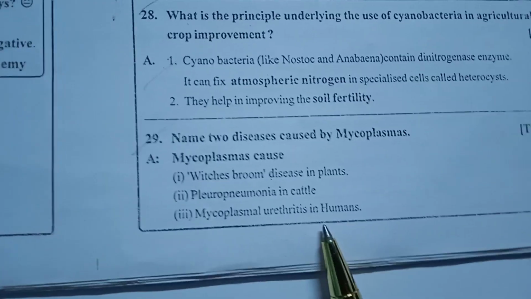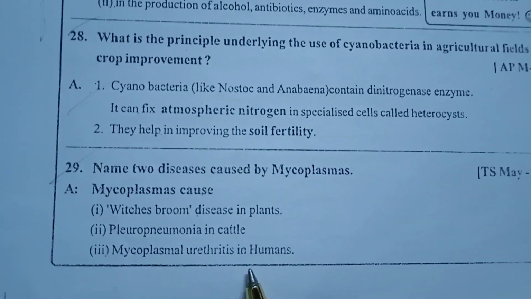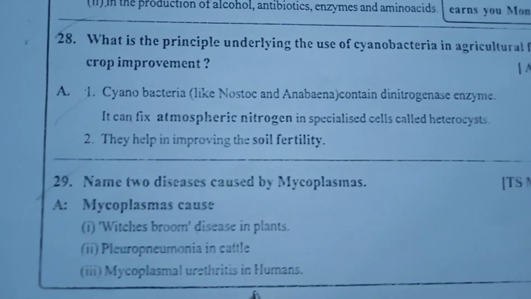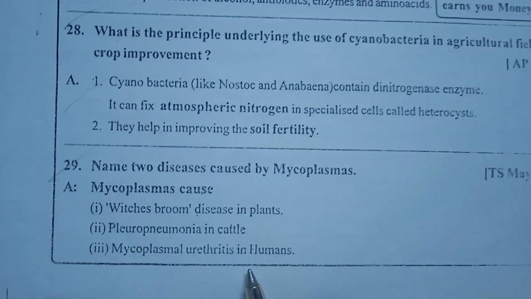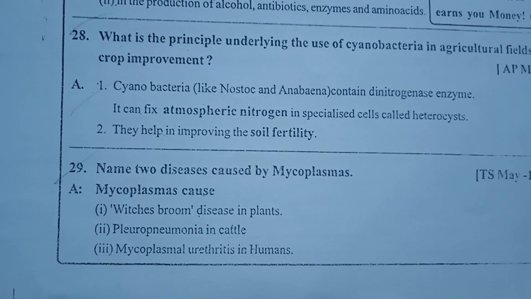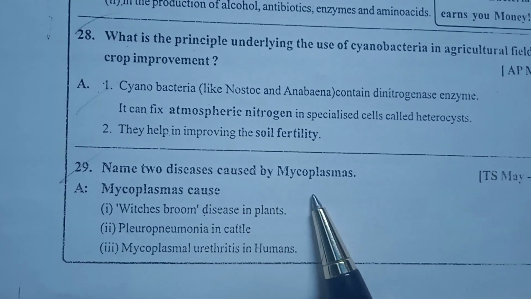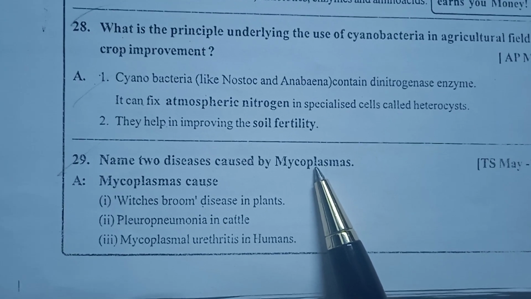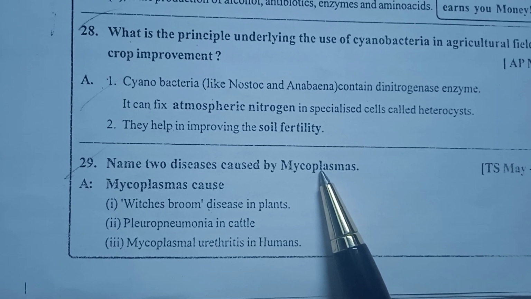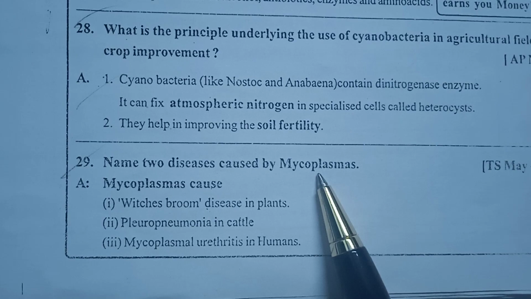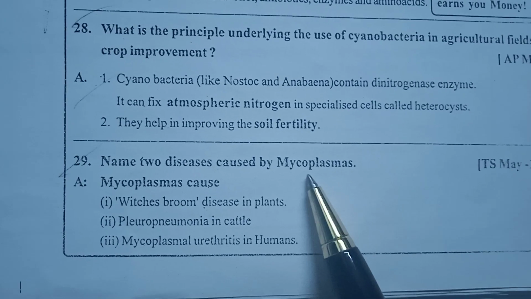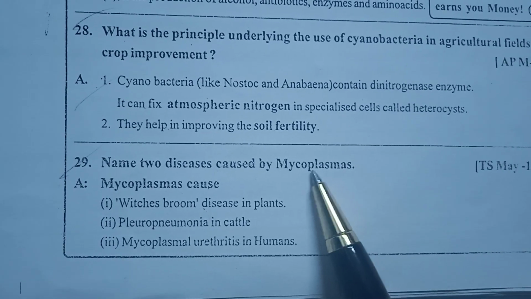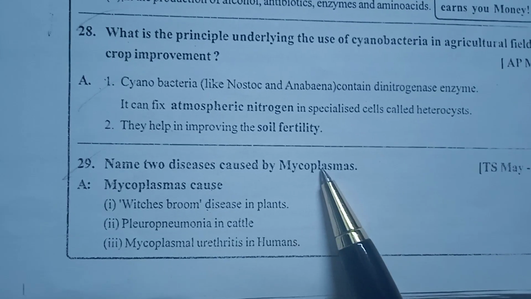Name two diseases caused by mycoplasmas. Mycoplasmas are a group of small parasitic bacteria that lack cell walls and sometimes cause diseases.